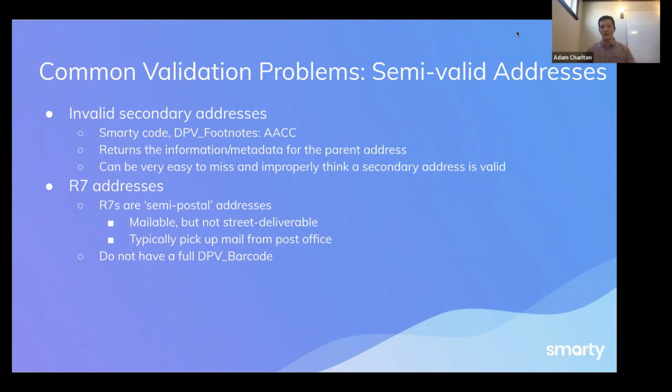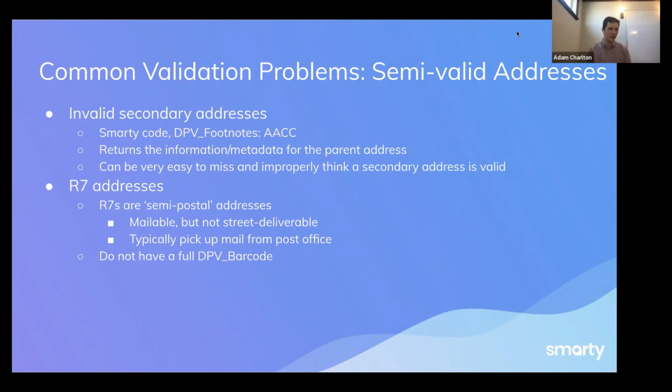That is the best match that we are able to find, that parent address, that base address for the building. But the secondary that you put in isn't valid. These footnotes, and footnotes in the other validation services, all help to address this type of problem and try to tell you, hey, we are only able to partially match your address.